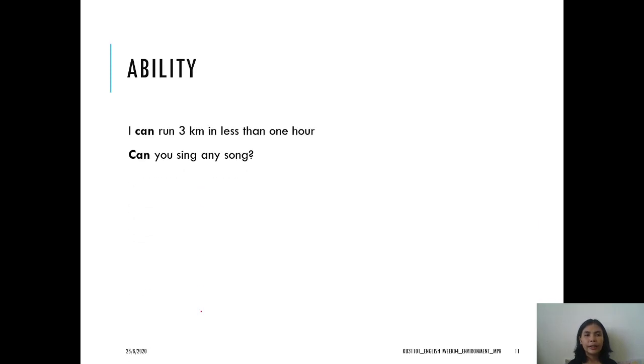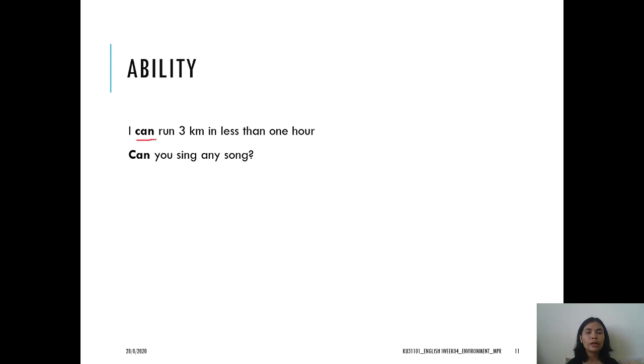Now for the ability, someone's being able to do something, you want to use the expression "can" as the modal to express your ability. For example, "I can run 3 kilometers in less than 1 hour."